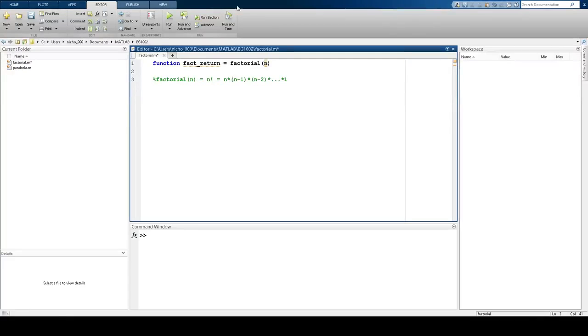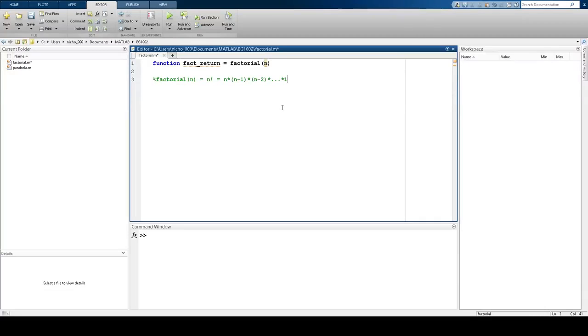So that's sort of a definition of factorial. Factorial 5 would be 5 multiplied by 4 multiplied by 3 multiplied by 2 multiplied by 1. We all did factorial as a previous lab exercise.